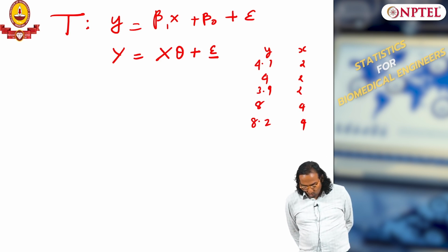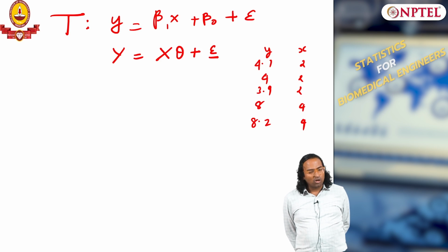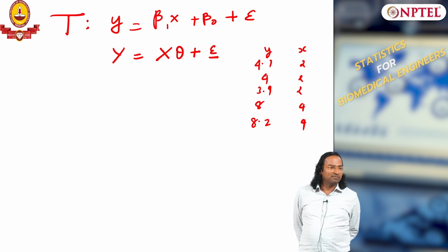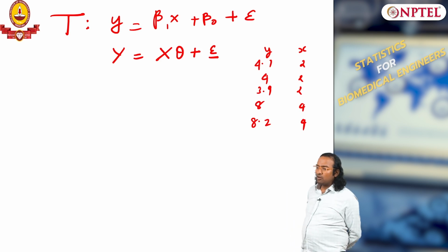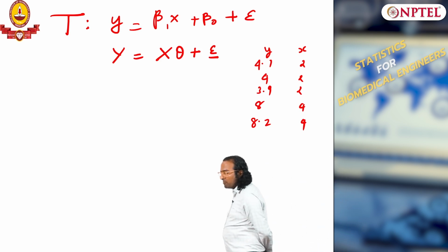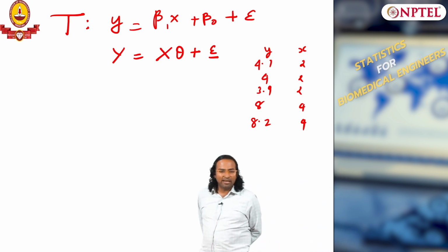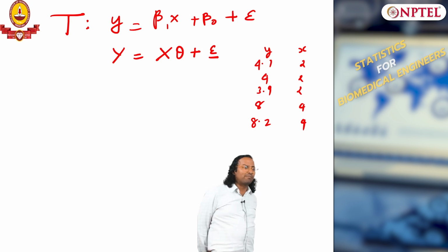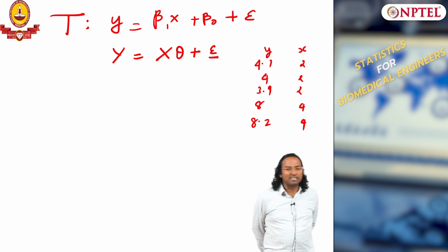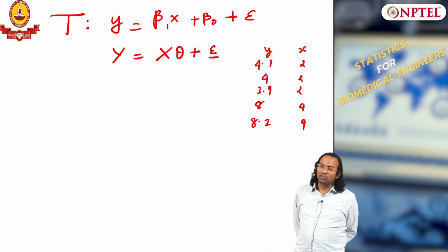Now, y has variation. If beta is 2, then I know that it is close by, but it is not exactly matching. Why is it not exactly matching? Because of the nature of the random experiment itself. So, I am going to assume that the variability in y is mostly explained by x, but of course there is a variability which cannot be explained by x, which is attributed to noise.